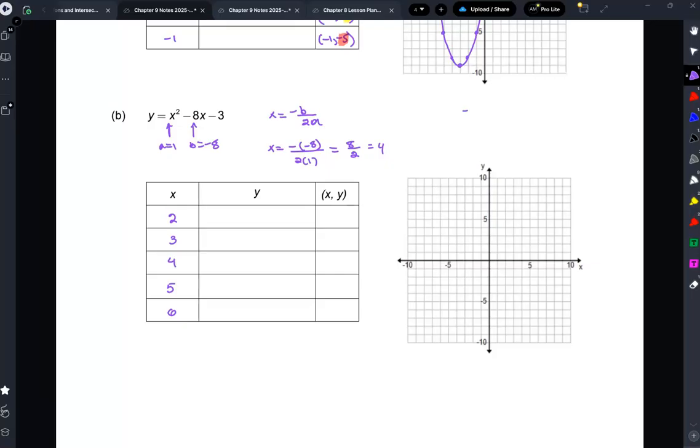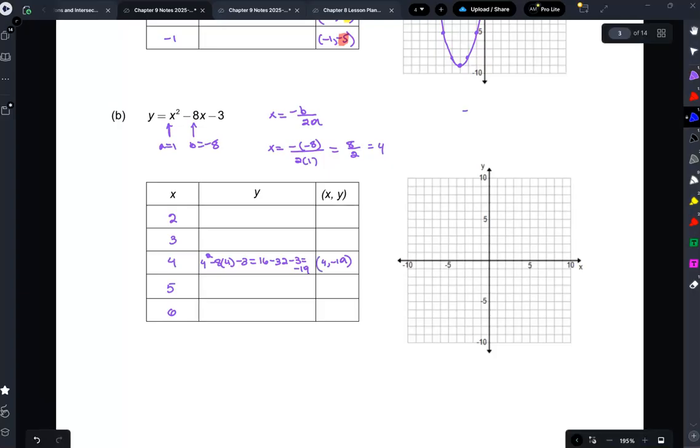Okay, so here I have x squared, so 4 squared minus 8 times 4 minus 3. 16 minus 32 minus 3. That's negative 19. So 4, negative 19.